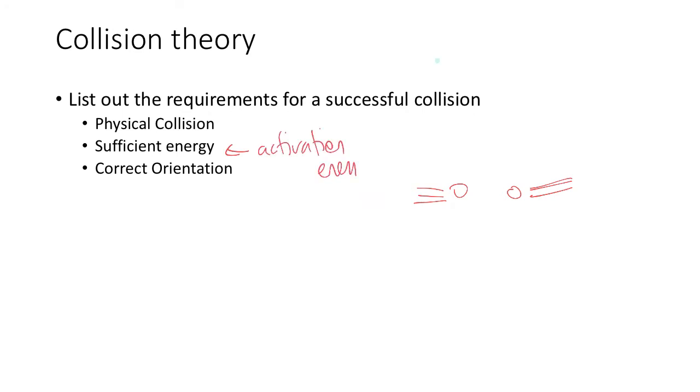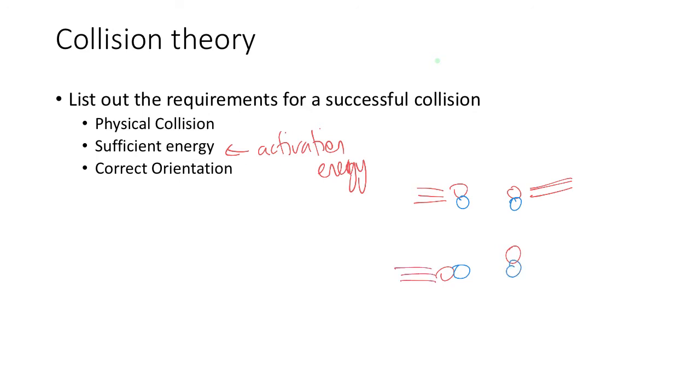Hopefully we remember that, and we also remember how to draw that on a graph. And then the correct orientation. The orientation is just the way that they hit each other. Perhaps this reaction here needs those two particles to react just like that, but if they somehow collide in this manner, maybe the reaction won't occur.